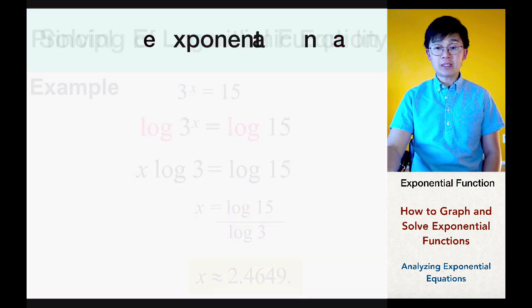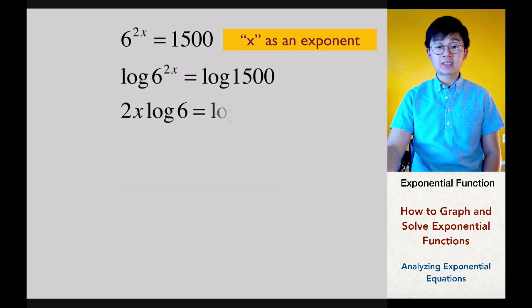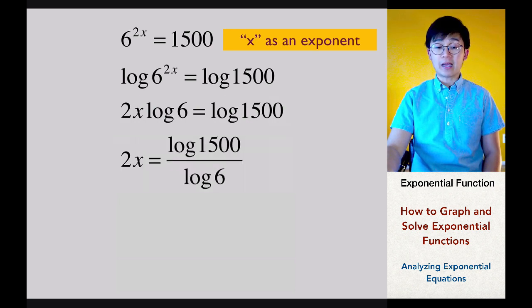So, sa last example natin, meron tayong 6 raised to 2x equal to 1,500. So, tulad ng ginawa natin kanina, mag-multiply tayo ng logarithm on both sides para maibaba natin si 2x at ma-divide natin yung both sides ng log of 6. And using our calculator, makukuha natin yung value ng function na ito by dividing both sides by 2.